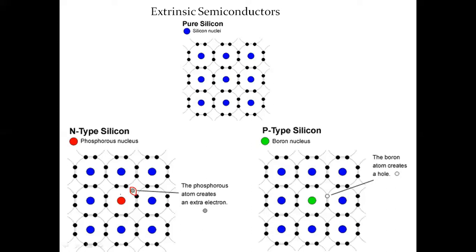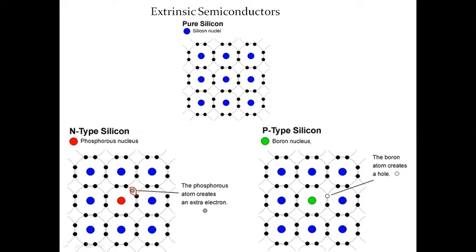Therefore, with thermal agitation, that means with a minimum amount of energy from room temperature, this electron can be made free. And since you are doping a large number of group 5 atoms into the group 4 element, you are creating a large number of electrons. Since the charge of electrons is negative, we call that type of extrinsic semiconductor an N-type semiconductor.